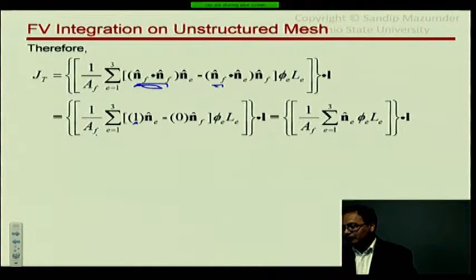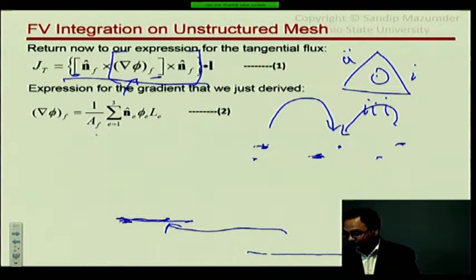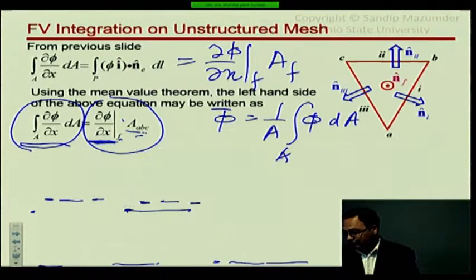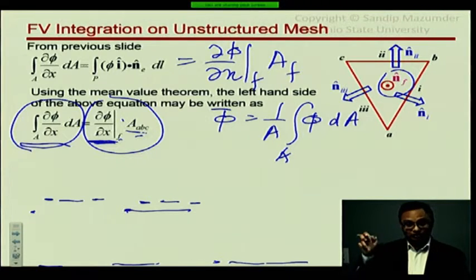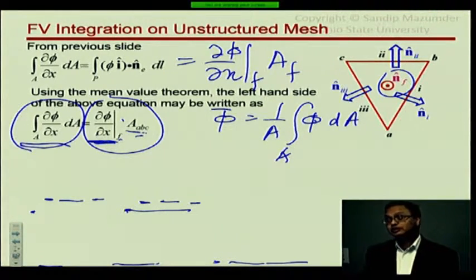Why? Because, as we said, let me just go back to the figure instead of drawing it again and again. Here it is. This surface normal, this guy, is coming out of the plane of that triangle. Those other three surface normals, or edge normals, are on the plane of the triangle. So by definition, their dot products are 0.